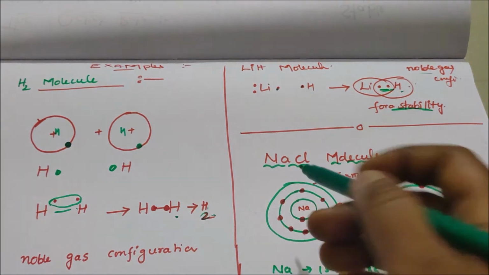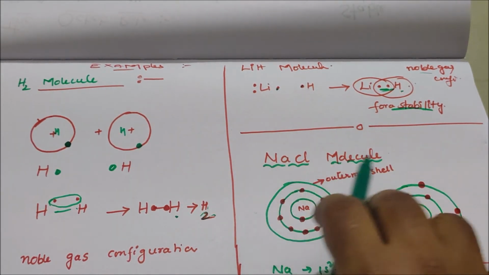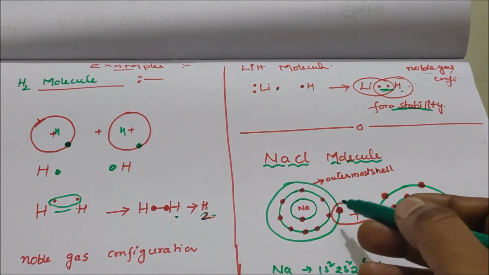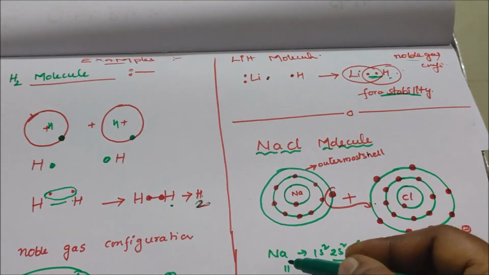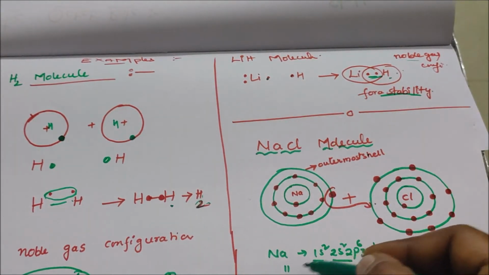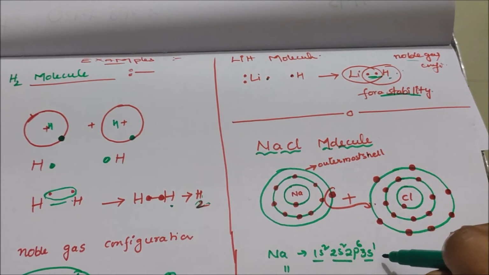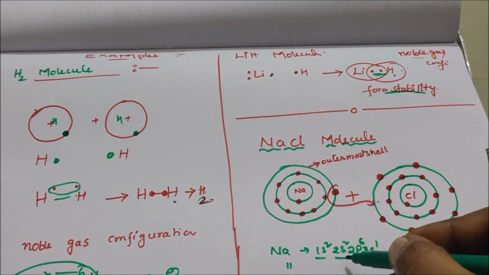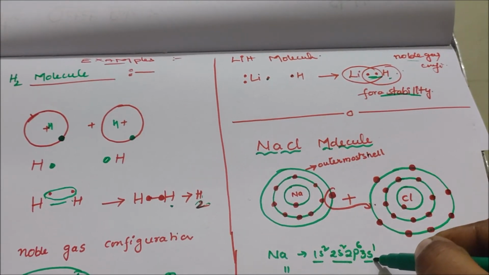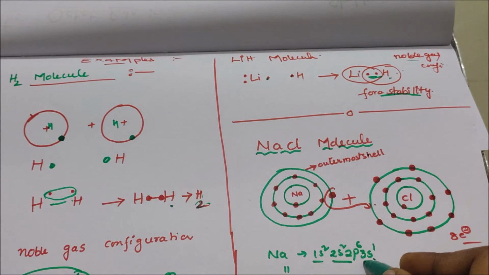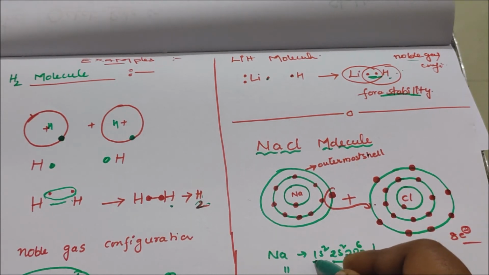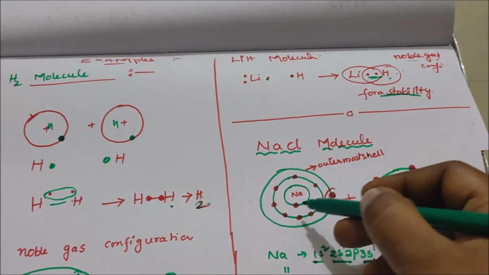Look at another example, the sodium chloride molecule. The atomic number of sodium is 11. The electronic configuration is 1s2, 2s2, 2p6, 3s1. The last outermost orbit is 3s1. The outermost shell contains 1 electron, the second orbit contains 8 electrons, and the first orbit contains 2 electrons.